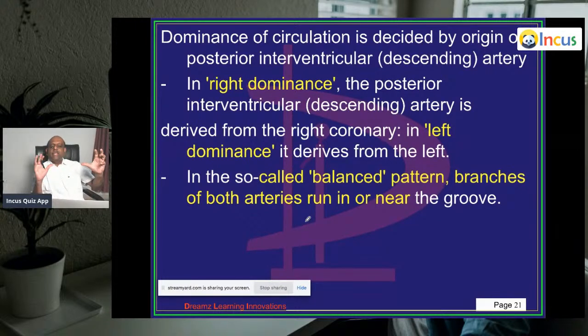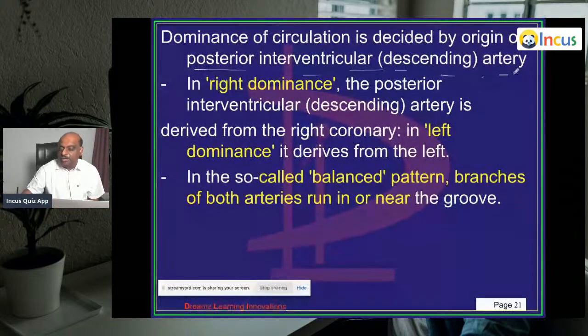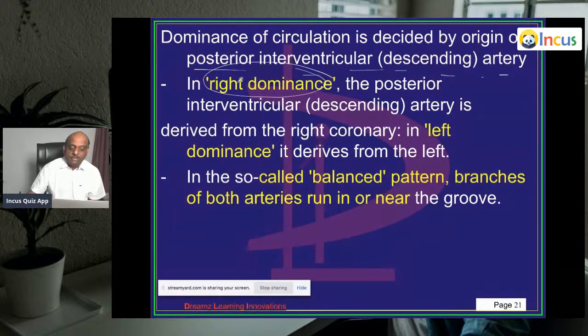All the cardiologists keep talking right dominance, left dominance. What is dominance? Dominance is decided by the origin of the posterior interventricular artery. The right dominance, the posterior interventricular artery is derived from right coronary.